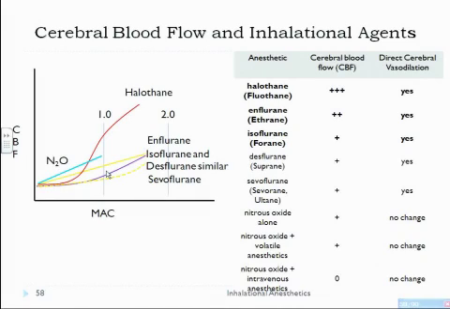The volatile anesthetics cause direct vasodilation, and nitrous oxide increases it through sympathomimetic actions, increasing cardiac output as a consequence. Halothane is a direct cerebral vasodilator, even though it's a systemic vasoconstrictor. Enflurane is a little bit more potent in its increase in cerebral blood flow in comparison to isoflurane, desflurane, or sevoflurane.